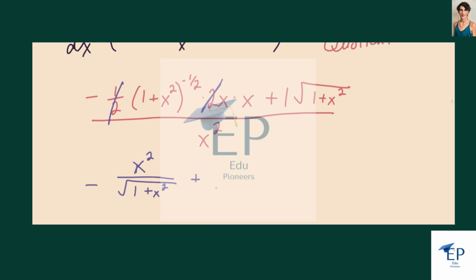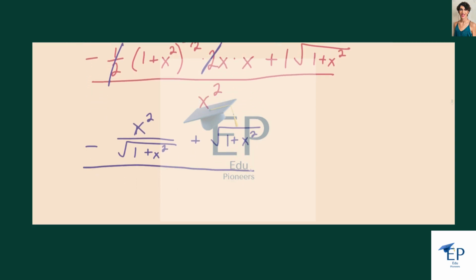This is still plus the square root of 1 plus x squared, all over x squared.